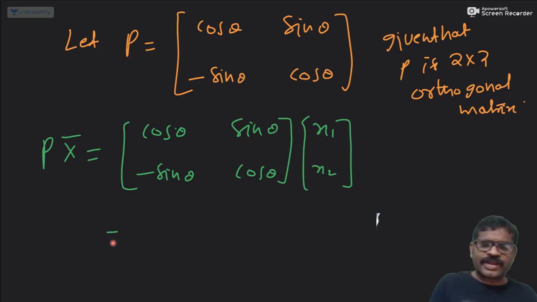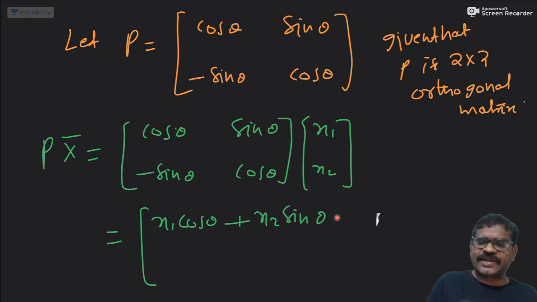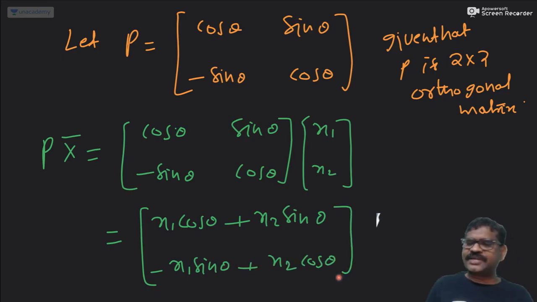You will get x1 cos theta plus x2 sin theta, minus x1 sin theta plus x2 cos theta.